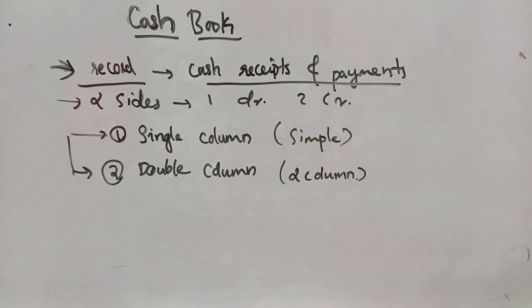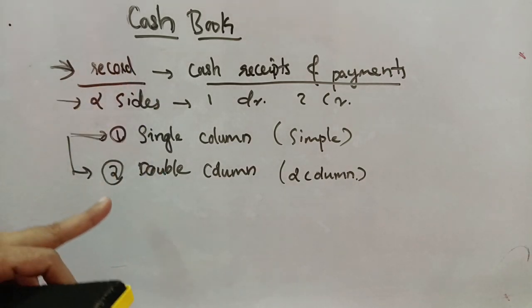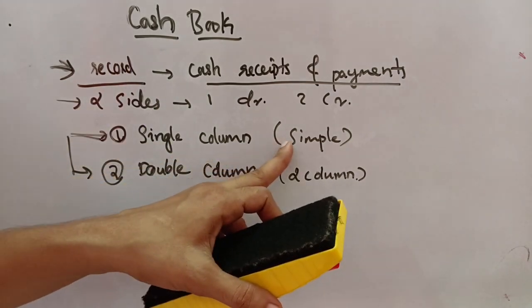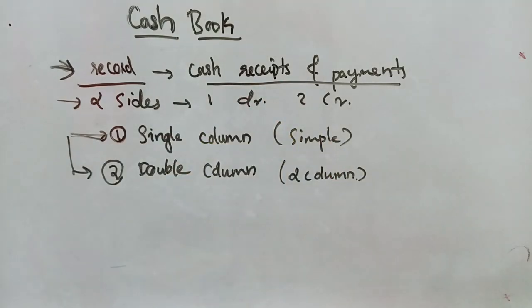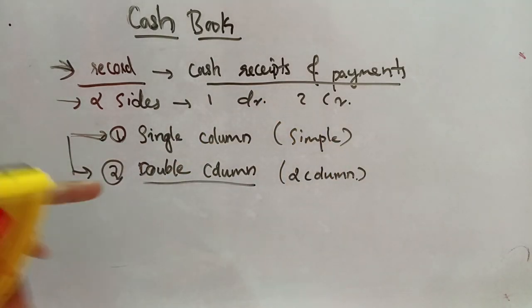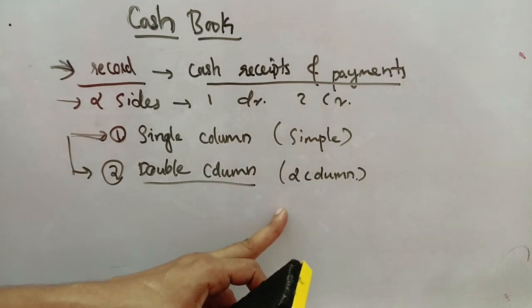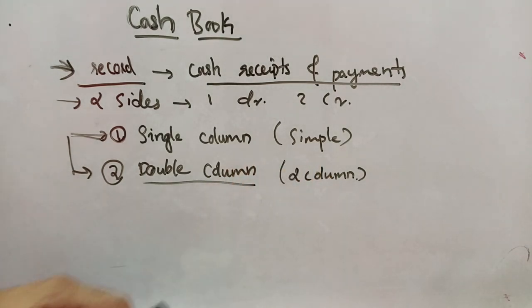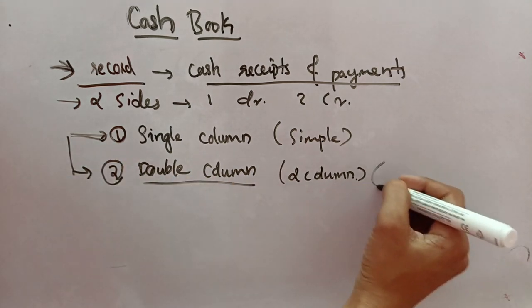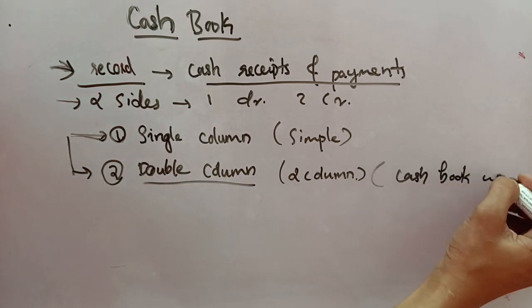Then the cash book can be mainly of two kinds. The first one is the single column cash book, otherwise called the simple cash book. The second one is the double column cash book, otherwise called the two column cash book, or the cash book with discount column.